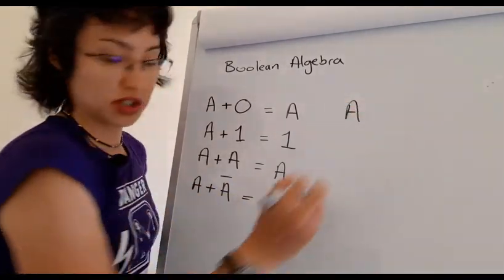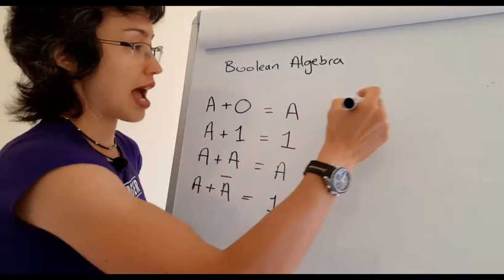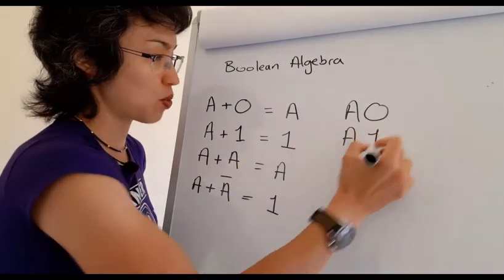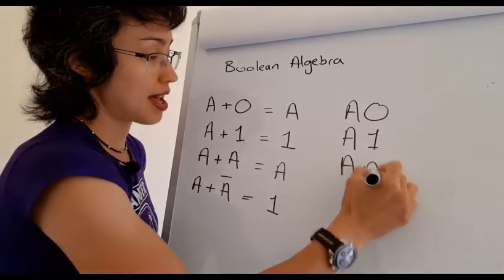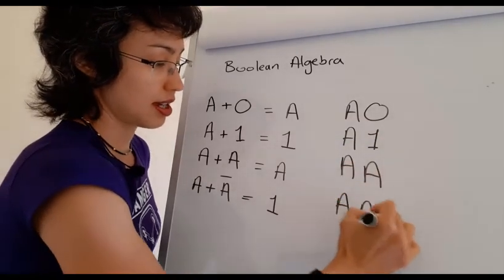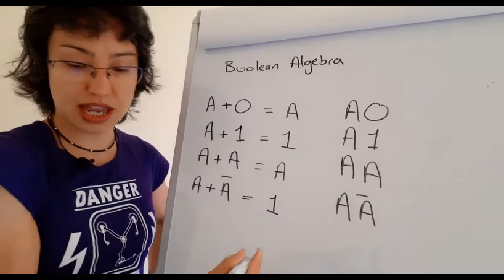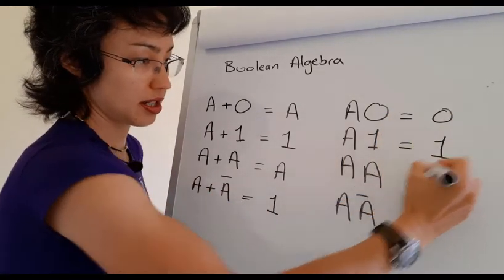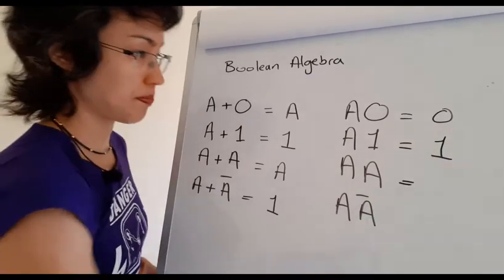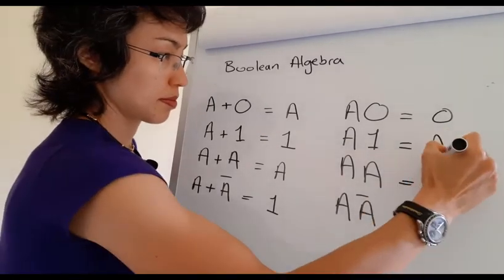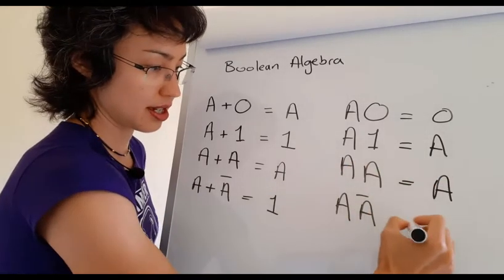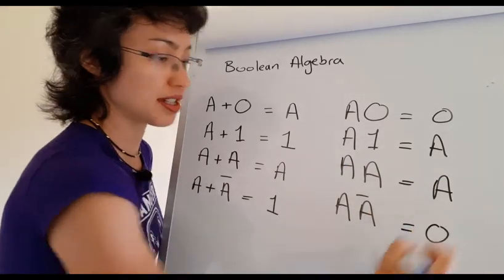And then finally, the other rules that you need to know are the AND rules. So we have A and 0, A and 1, A and A, and A and not A. So we can use the same table, of course, and you should find A and 1 is A, A and A is A, and A and not A is never going to happen.